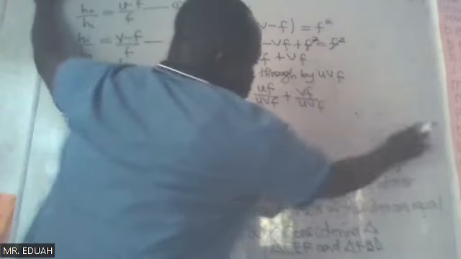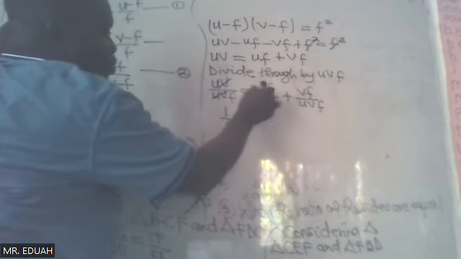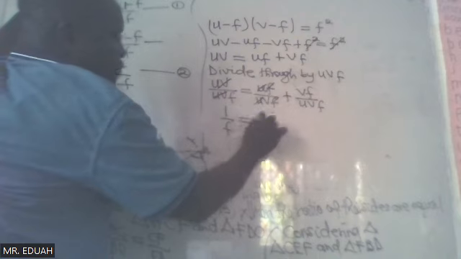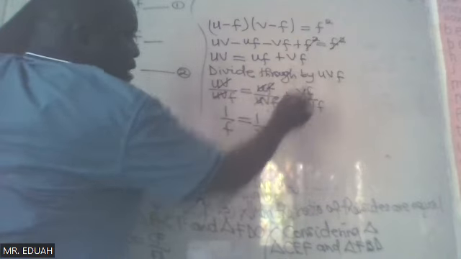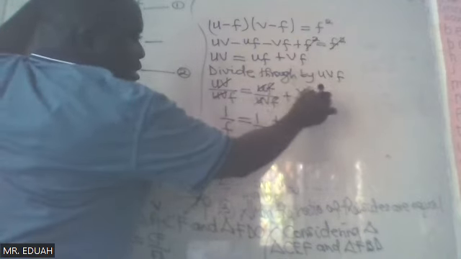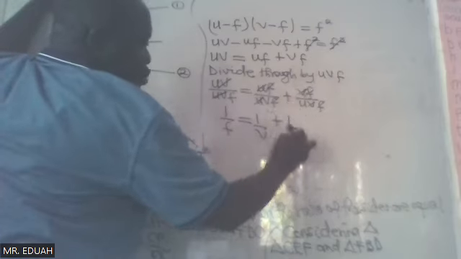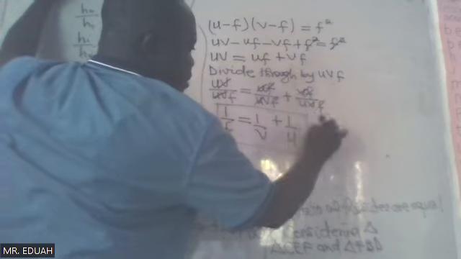And when we divide through by UVF, we have the last stage. We have 1 over F is equal to 1 over V plus 1 over U.